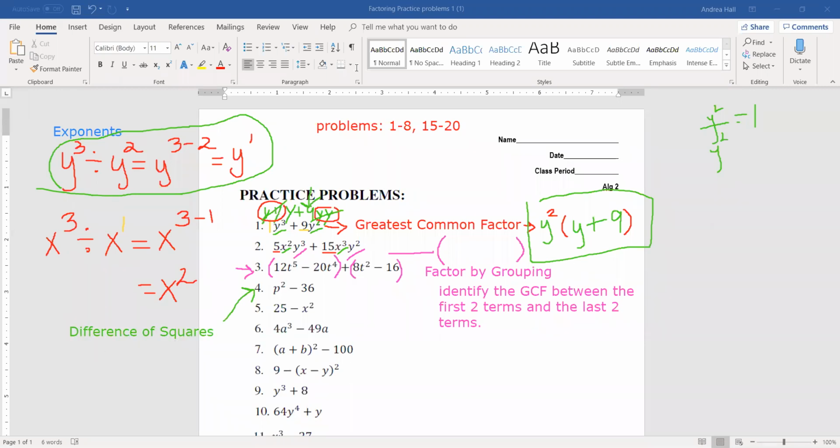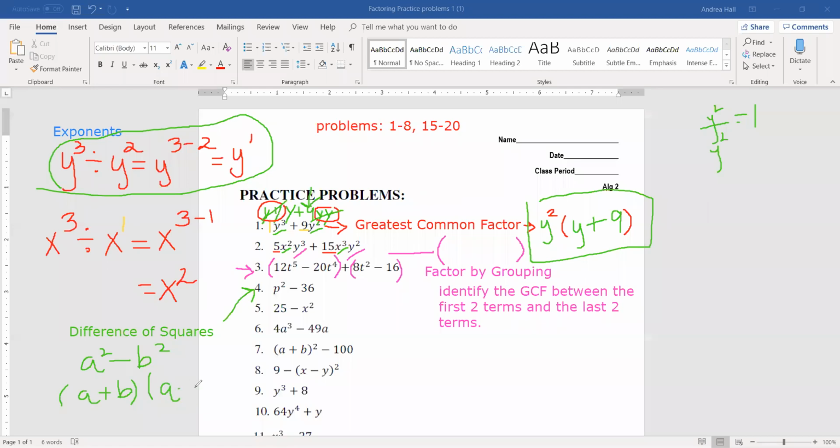If you remember the difference of squares, you have a squared minus, that's why it's called difference, b squared, when you factor it out, you take the square root of it, and it'll just be a plus b times a minus b, right?